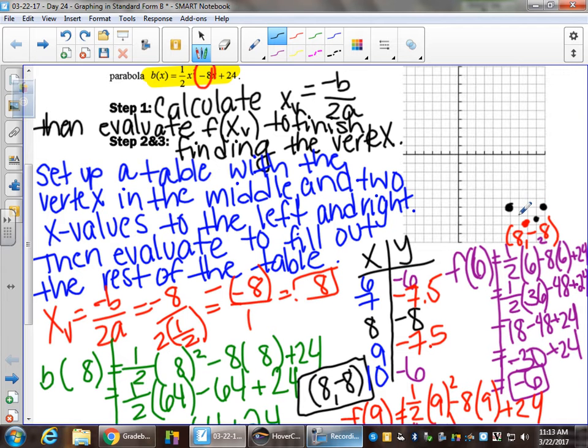And then 7 and 7.5. Does this form the shape that we want? Yes, it does. It's a parabola. What's my axis of symmetry? 8.